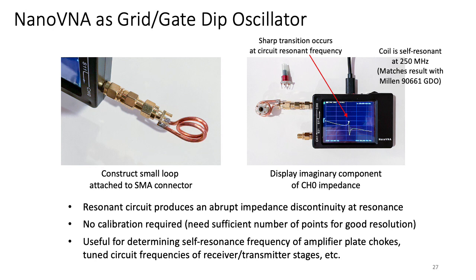Well, we can do the same thing with the NanoVNA. Here I've constructed a small loop of wire that's attached to an SMA connector, and that is attached to port 0 of the NanoVNA. No need for calibration here because all I'm looking for are subtle changes in the response versus frequency. So what I've done here is I've coupled loosely that loop of wire to a coil, and you can see the coil here, which is just a wound coil on a piece of ferrite material.